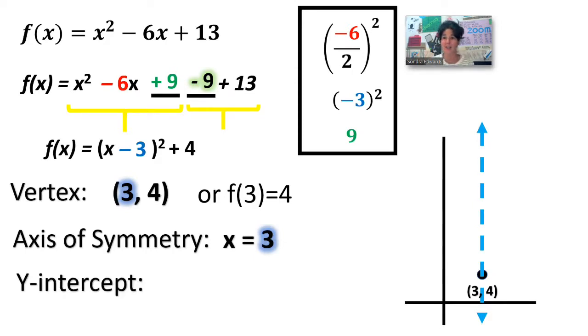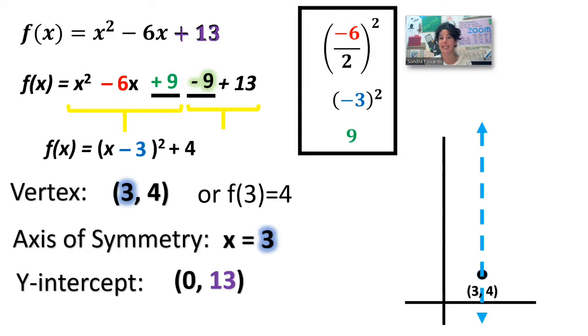Next, the y-intercept. Well, back here in ax squared plus bx plus c form, the nice thing about this form is the c value is always your y-intercept. So our y-intercept is 13, but it is a coordinate. So I'm going to say that we have 0, comma 13.